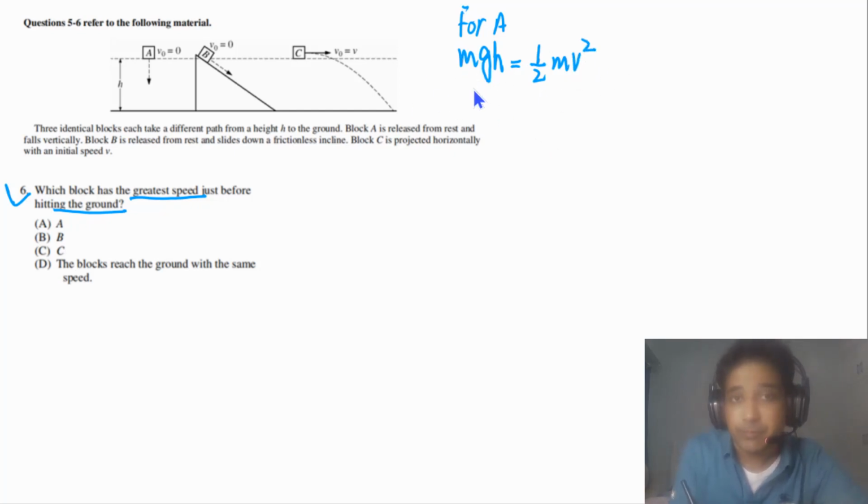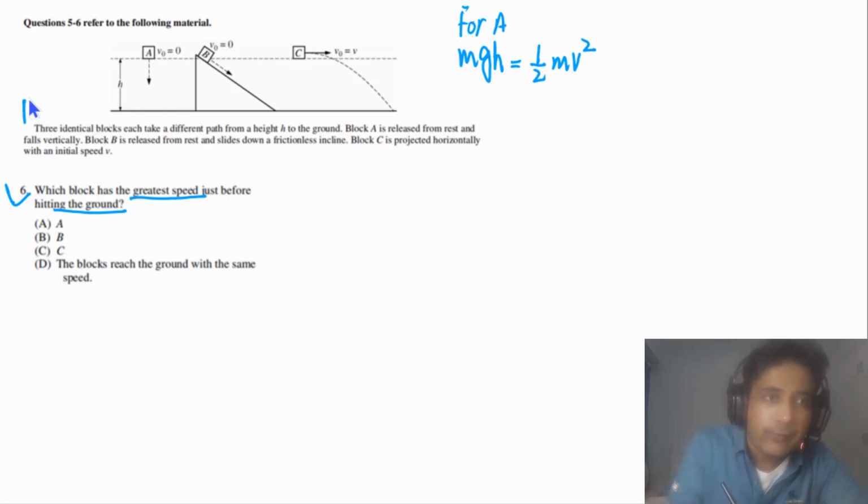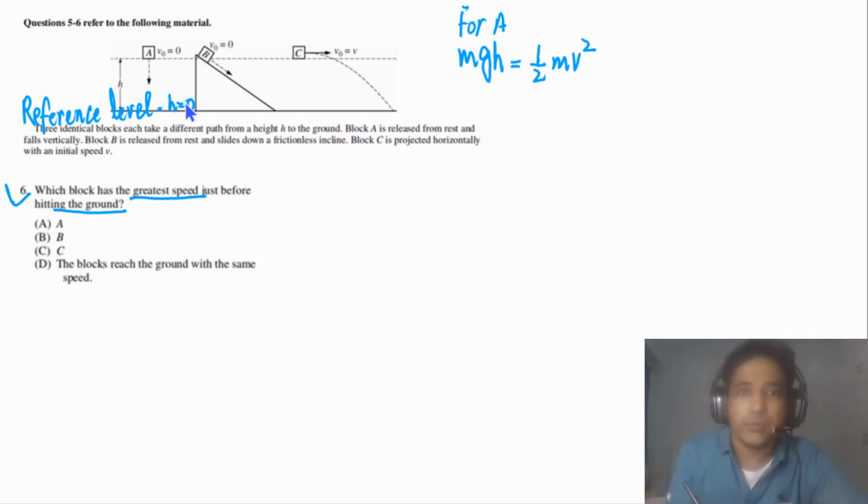So this is for block A. In this case, our reference line, very important, our reference level, is the ground. At this point we are taking h equal to 0. So all the potential energy will be converted into kinetic energy just before the block hits the ground.